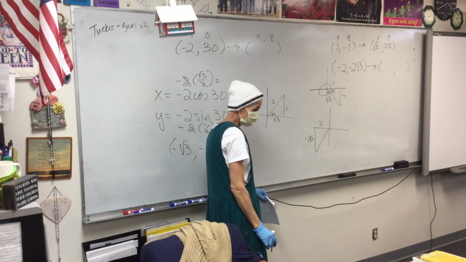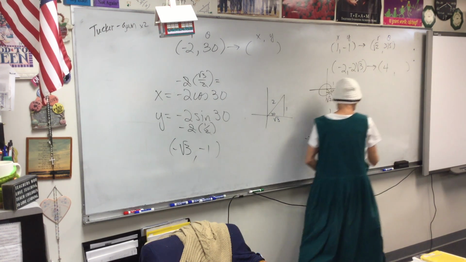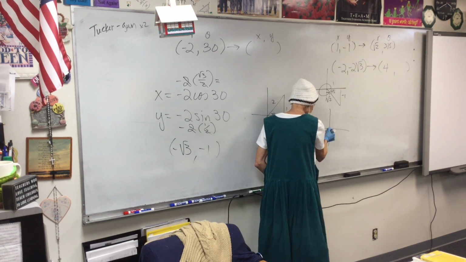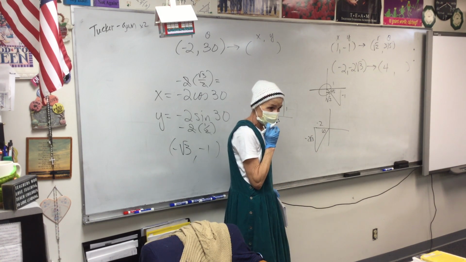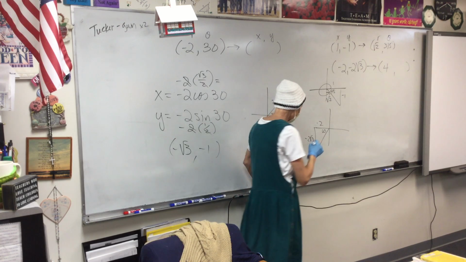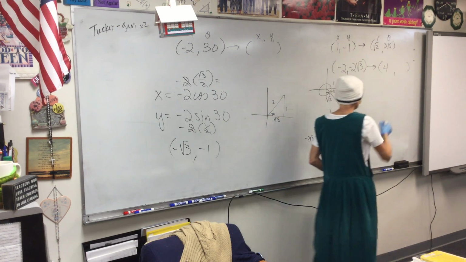The Pythagorean theorem would say 4. That's a 60-degree angle because it's across from the root 3, right? But theta is not 60. Theta is 240.